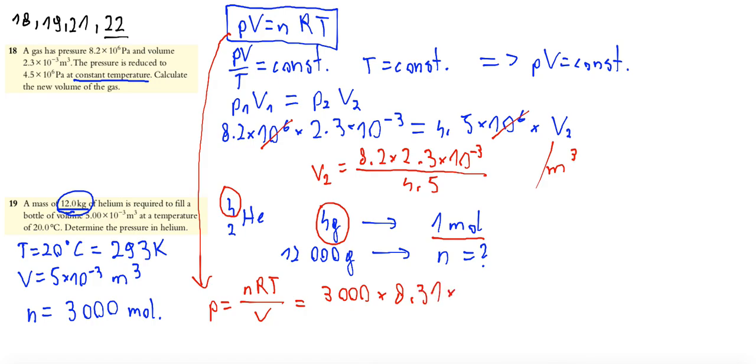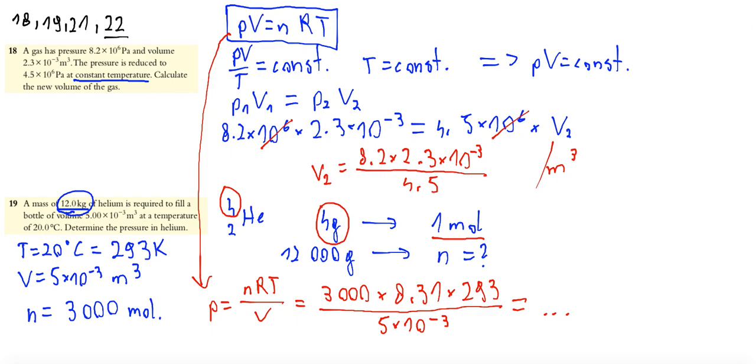Okay, times temperature, 293 kelvins, divided by volume, which is also given 5 times 10 to the power of minus 3. So finally you can calculate pressure here, a little bit more advanced than previous, but still not too difficult.